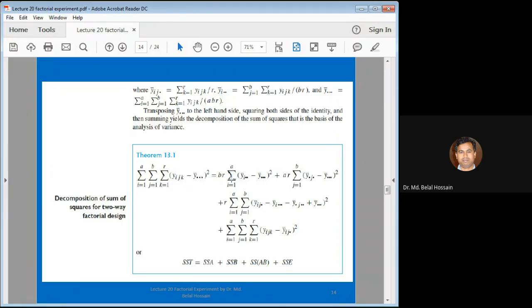This is the sum of squares due to the error term. This is the sum of squares due to A, due to B, due to interaction, and due to error. So we call it sum of squares of treatment, sum of squares of A, sum of squares of B, sum of squares of AB, and sum of squares of the error term.